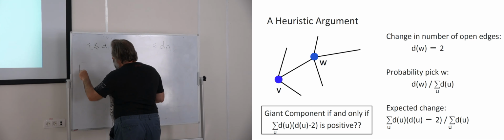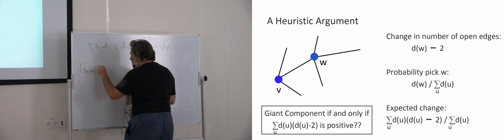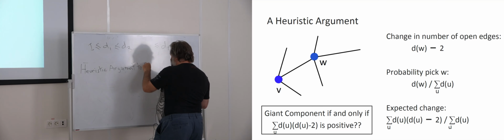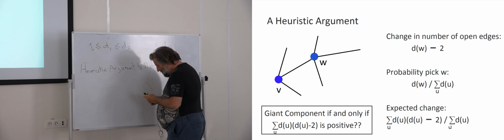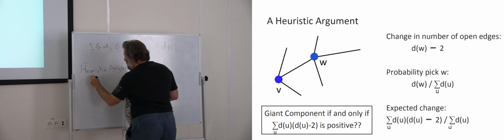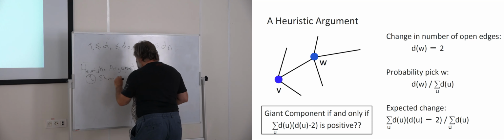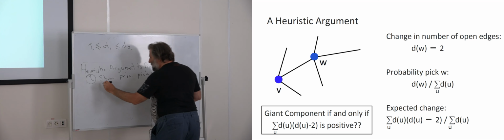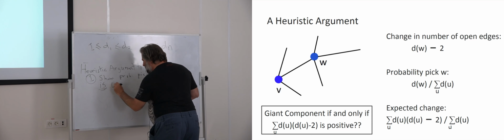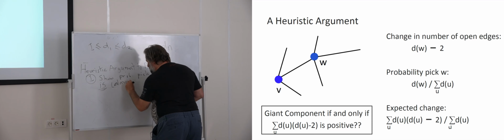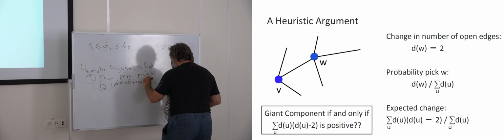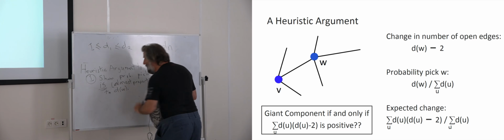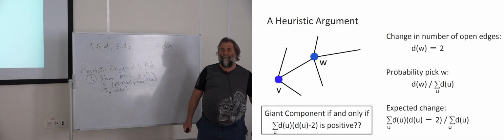So how do you make this a proof? Well, the first thing is, we just said it's intuitive that we probably pick w proportional to d_w.